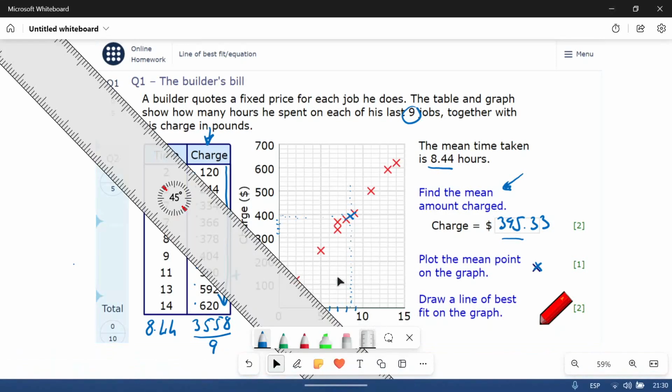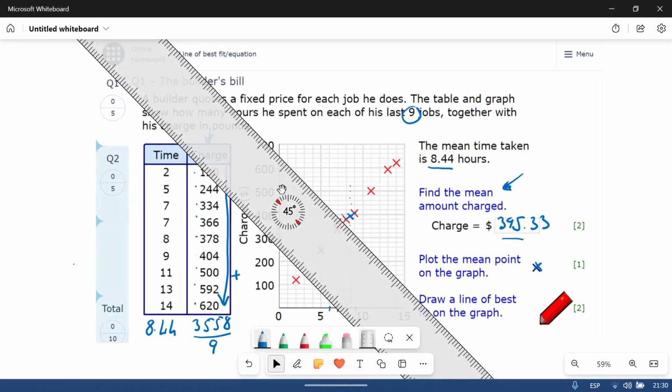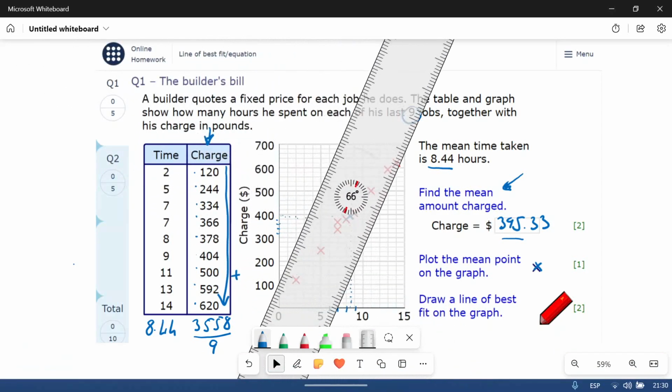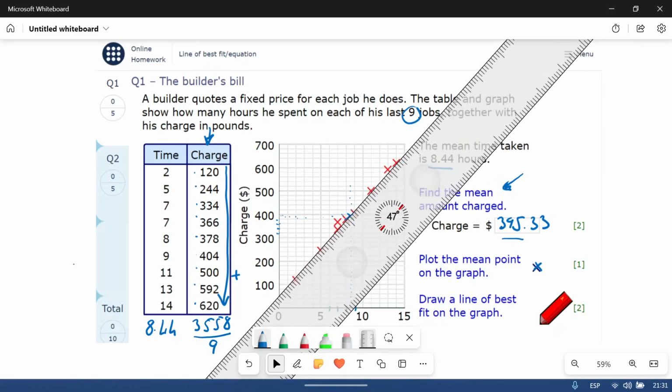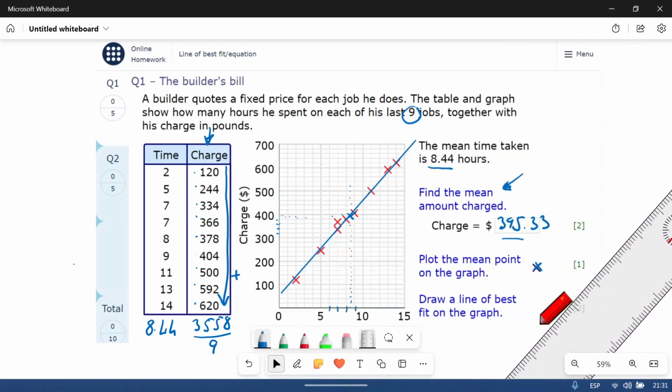And then the line of best fit. I'm going to grab a ruler here, but you're going to use the program that you're working in. Start close to the bottom number and close to the top one, and then we just drag it across, and that should be correct.